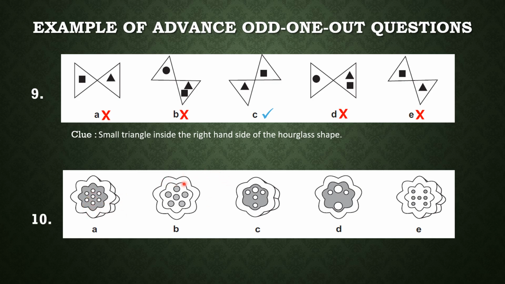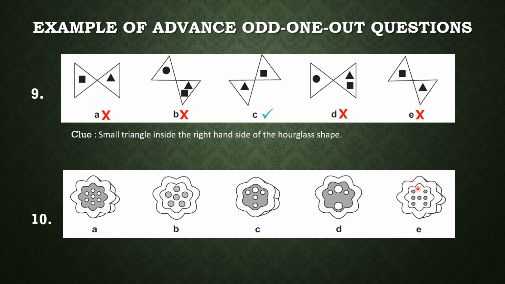Here 1 2 3 4 5 6 7, and the number of circles are 1 2 3 4 5 6, so one less again. Here 1 2 3 4 5 6, but the number of circles are 5. Here 1 2 3 4 5 6, but the number of circles are 4, which is 2 less, which doesn't follow the rule followed by the other examples.